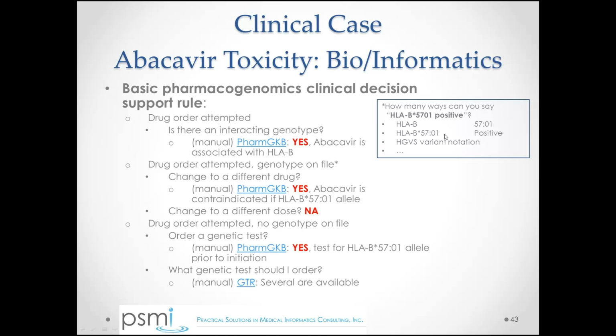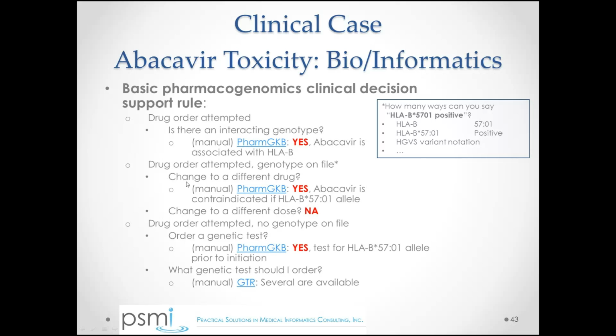Or there could be a LOINC code where the test is HLA-B5701, and the result could be positive. Or a lab might just send you back in HGVS notation what the particular variants were, from which you could glean that this corresponds to the 5701 allele. So in an EHR, there's going to be a lot of different ways in which you can assert B5701 is positive, and so that needs to be kept in mind when answering this question, do I have a genotype on file?